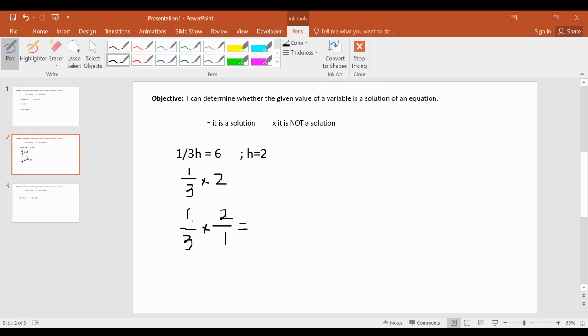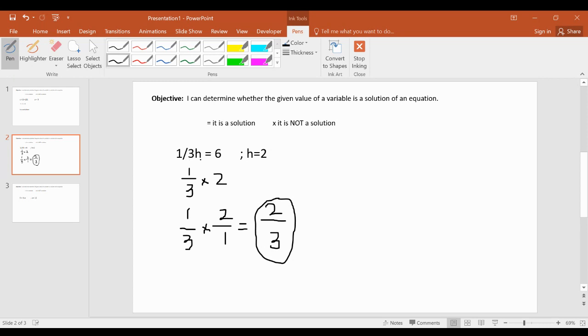And if you remember, when you multiply fractions, you multiply straight across. So first our numerator is 1 times 2, which is 2, and 3 times 1 is 3. So our answer came out to be 2/3.